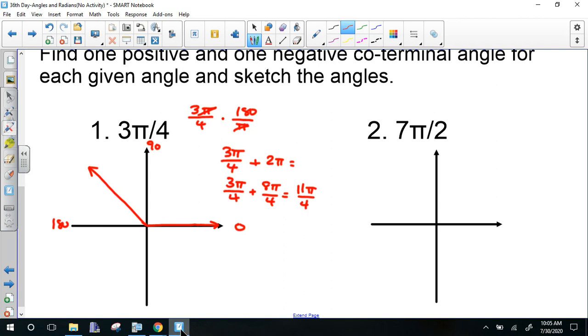And I'm going to subtract 2 pi. So 3 pi over 4 minus 8 pi over 4 is going to give me negative 5 pi over 4. Those would be a positive coterminal angle and a negative coterminal angle.